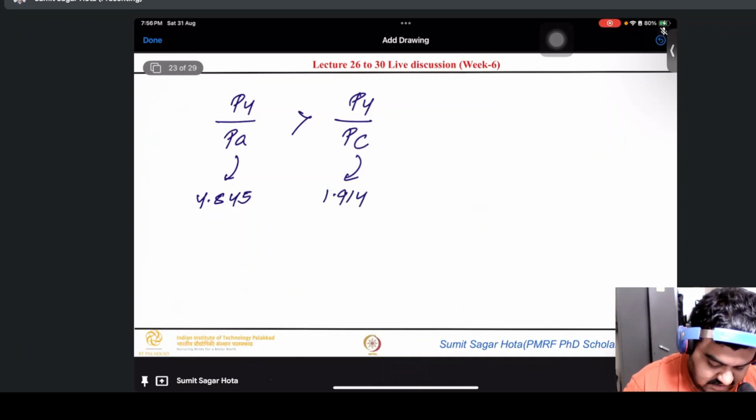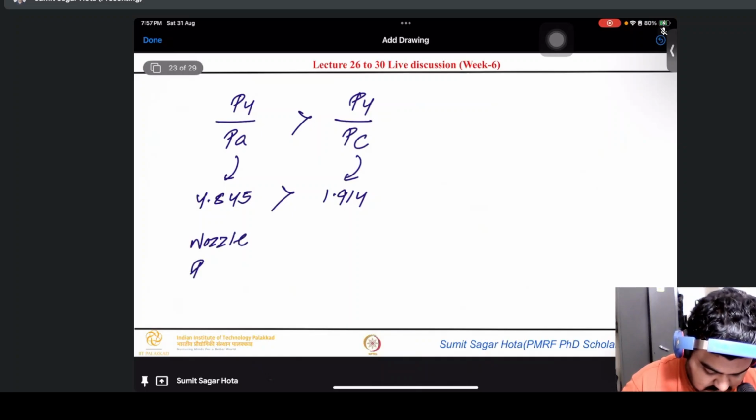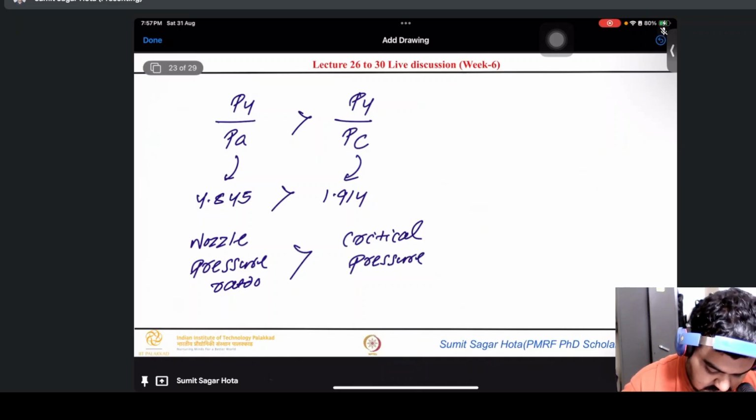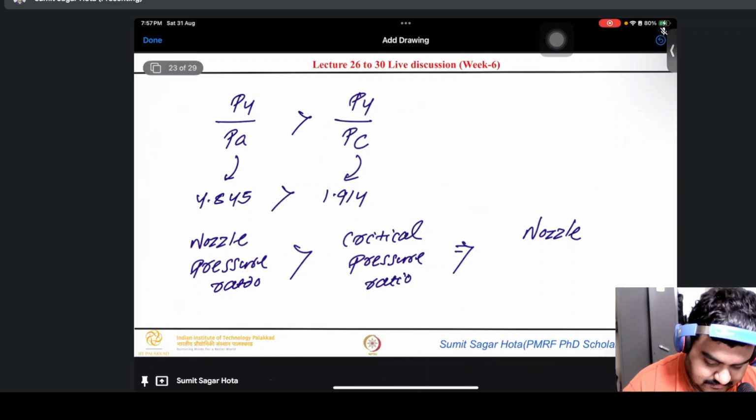You can see the nozzle pressure ratio is greater than the critical pressure ratio, which means the nozzle is choked.